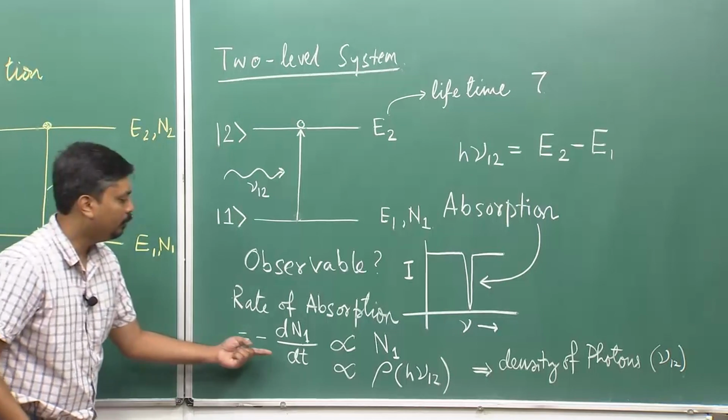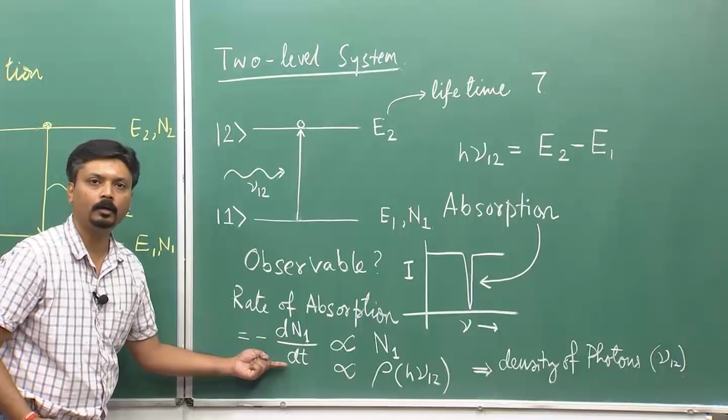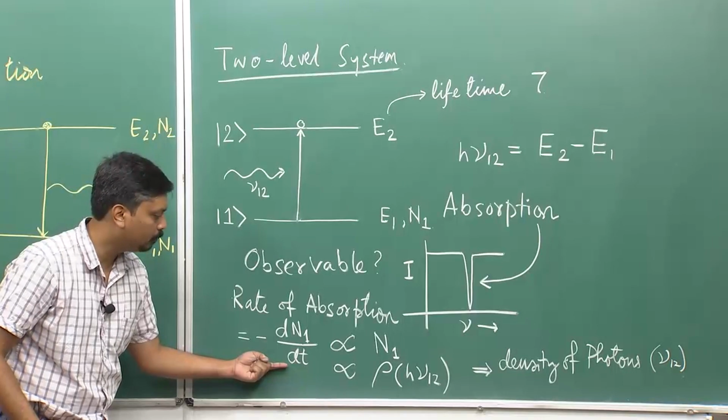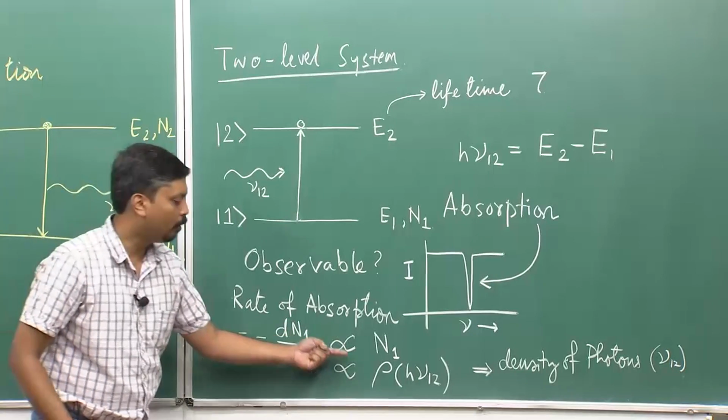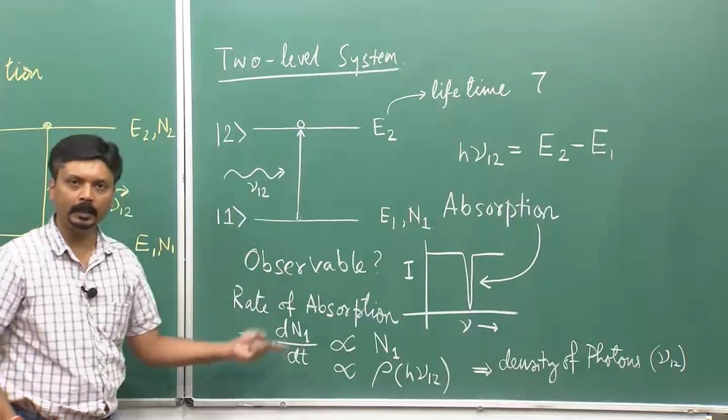So, if I have to find out the value of minus dN1 dt, then we have to go from this proportionality to an equality condition.